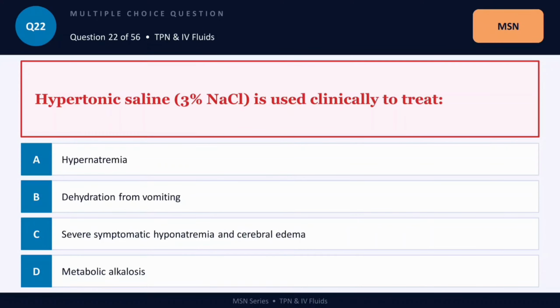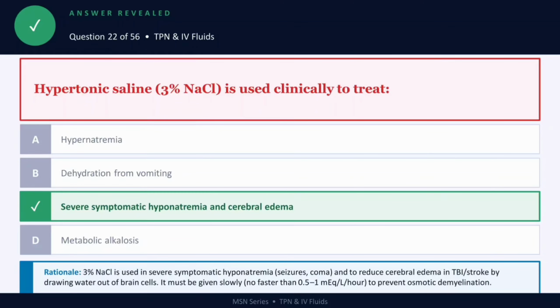The correct answer is option C, severe symptomatic hyponatremia and cerebral edema. Rationale: 3% NS is used in severe symptomatic hyponatremia and to reduce cerebral edema in traumatic brain injury and stroke by drawing water out of brain cells.